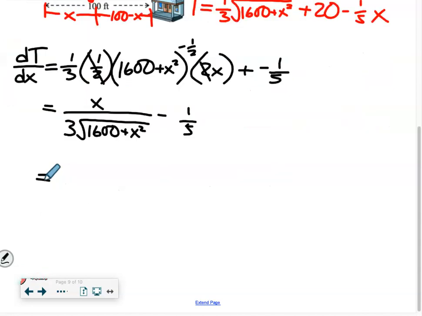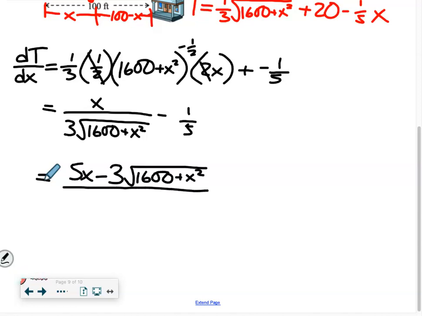So we end up with (5x minus 3 times the square root of 1600 plus x squared) all over 15 times the square root of 1600 plus x squared. The bottom has no zeros. The bottom is never 0 because x squared is always positive. So there's no solution to the bottom. So really all we're looking for is where the top equals 0.